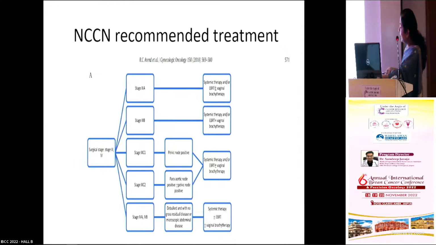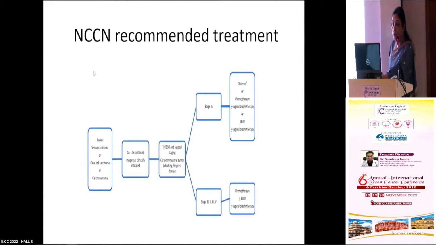In 4A and B, if it is completely debulked disease with no residual disease or microscopic abdominal disease, then we can go ahead with systemic therapy plus minus EBRT plus minus vaginal brachytherapy. If it is 4B with residual disease or even 3 with residual disease, treatment would just be more or less palliative, especially in 4B.